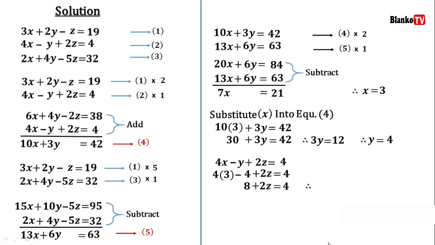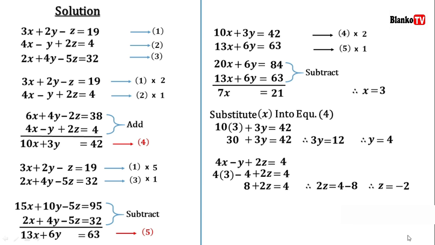So therefore 2z equals 4 minus 8. Therefore z is going to be negative 2. That is 4 minus 8 divided by 2.